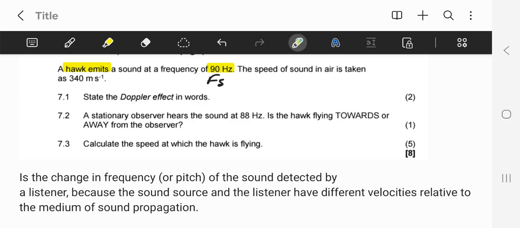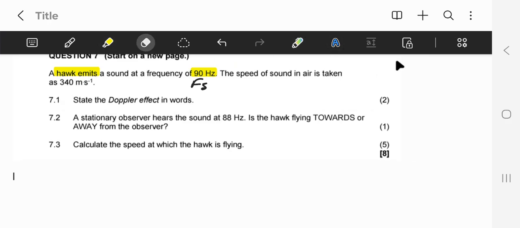Now let's go to 7.2. It says a stationary observer hears the sound at 88 hertz. Is the hawk flying towards or away from the observer?